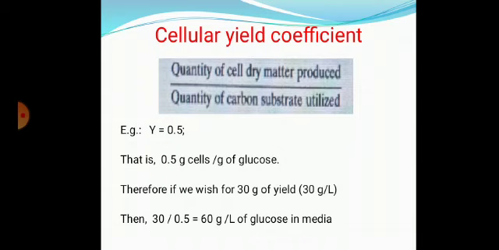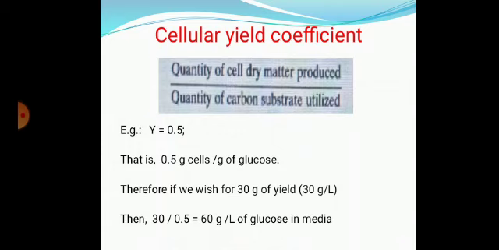Next point: what is your requirement in the industry? Suppose you require 30 grams of cell growth as yield. Let us assume you are expecting 30 grams per liter, that is, for every 1 liter in fermentation media you are expecting 30 grams of yield.